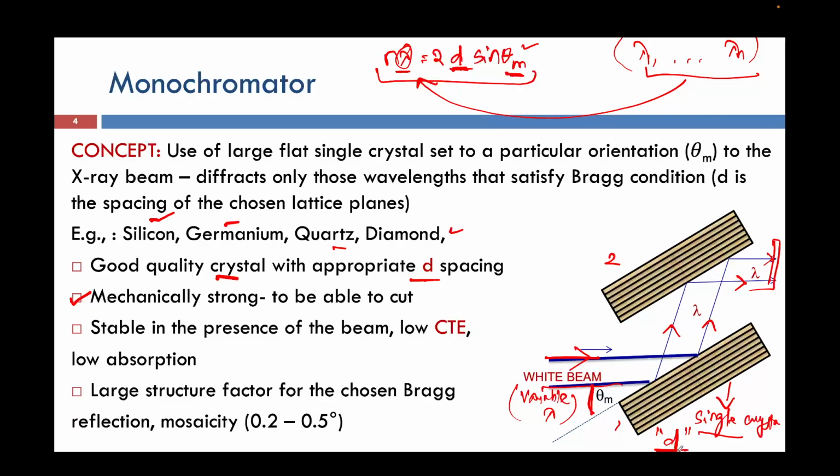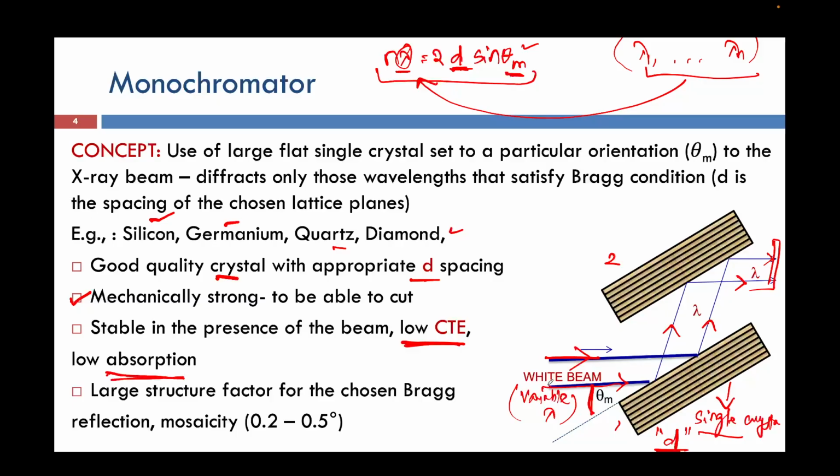And also stable in the presence of the beam. Why? Because the X-ray beam, or any energetic electromagnetic radiation we put them under, comes with a huge amount of energy, and they should be able to sustain that. That means they should not expand or contract much, so they should have low CTE, coefficient of thermal expansion, and they should also have low absorption.